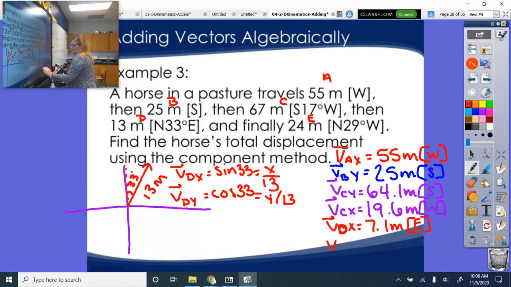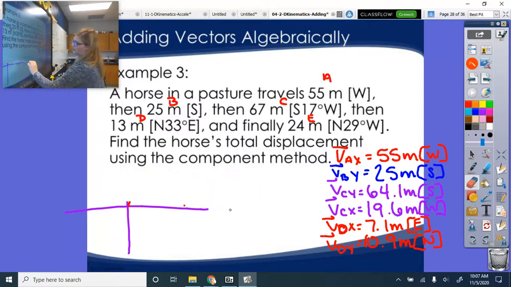And then for y, it's the cosine. So that's 10.9 meters, and I'm going north. Okay, almost there. One last one.